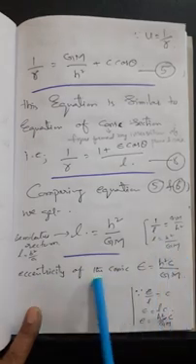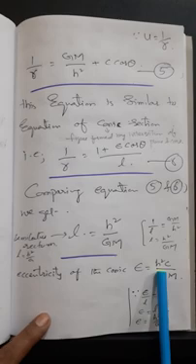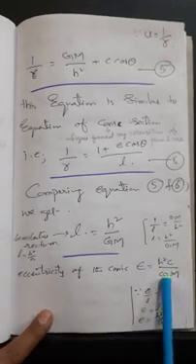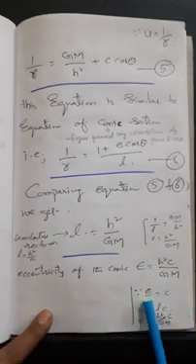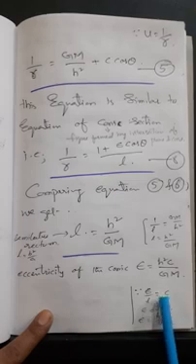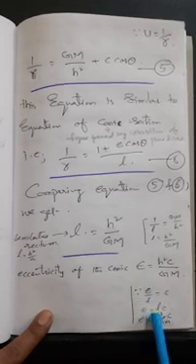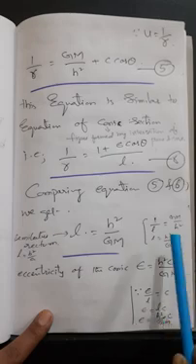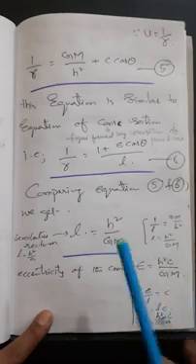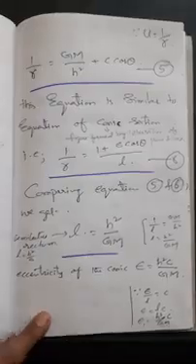So the eccentricity of the conic section, epsilon, is equal to h square c by gm. We know that eccentricity is epsilon is equal to L c, this is the general definition. The L value is h square by gm, into c.